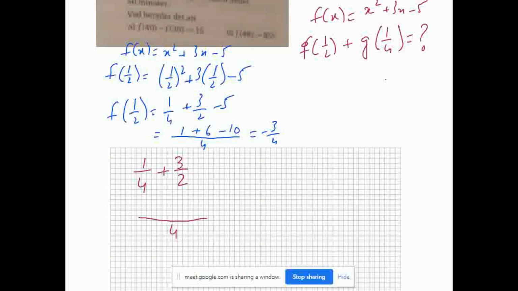Then this will be 4, this will be 1 over here, and from which number, if we multiply 2 with 2, the answer will be 4. So that is why we have to multiply it with 2 and write it over here. So that's why this is 6. Clear?